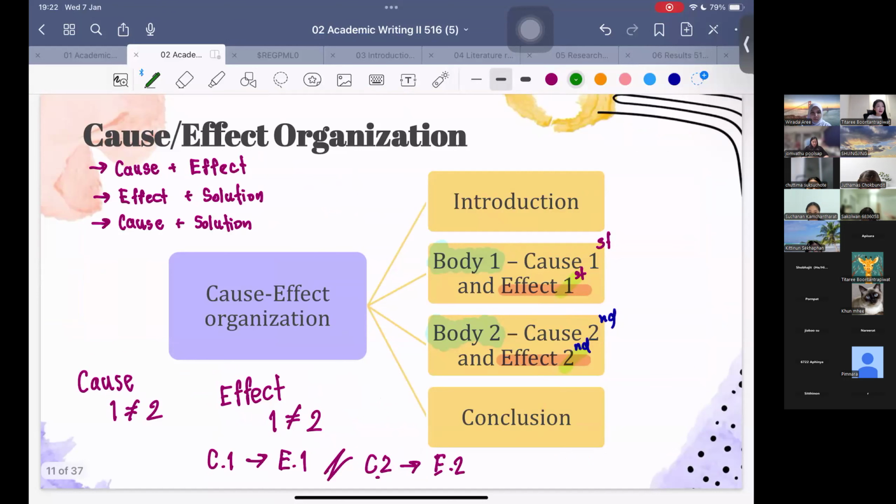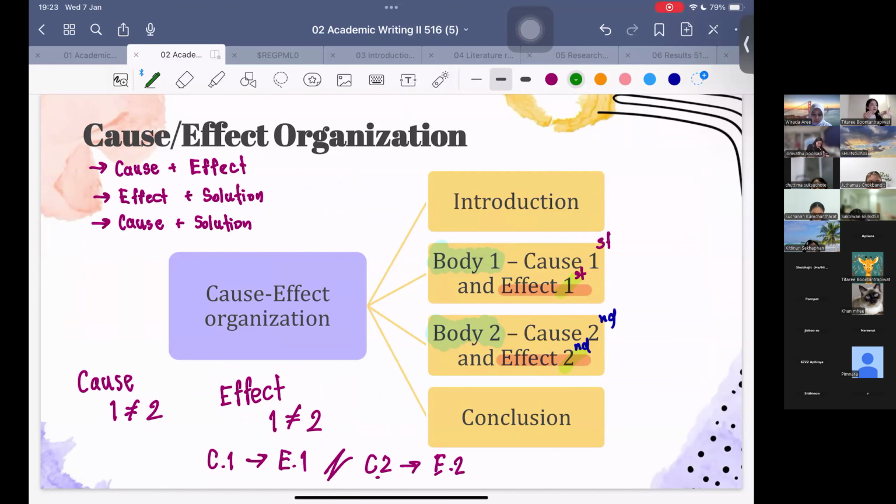However, this style, the cause-effect organization, is where you do 2 things at the same time. You're going to talk about the cause and effects, or the effects and solutions, or cause and solutions. Who knows?